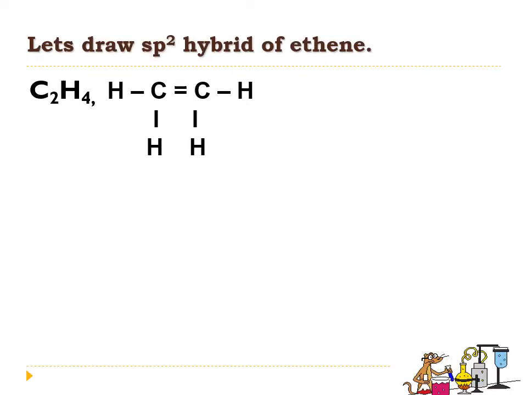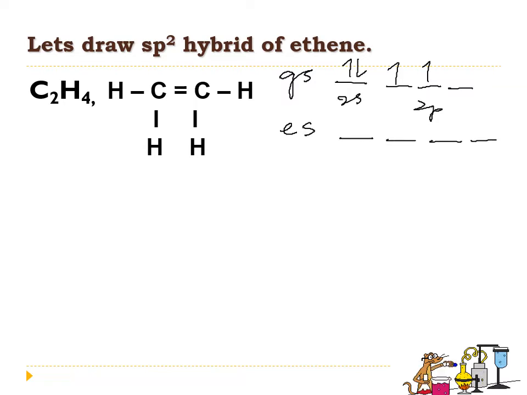The next example is ethene, and the skeletal structure is given to you here. We look at the ground state for carbon, 2s, and for 2p we have another 2. The excited state is the electron from 2s excited to a different orbital.